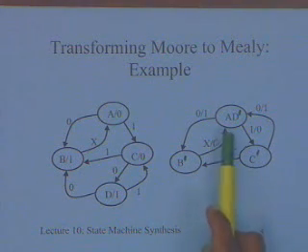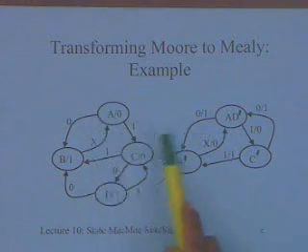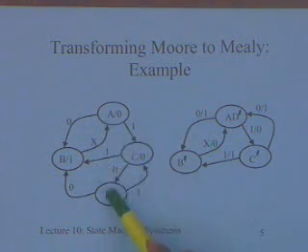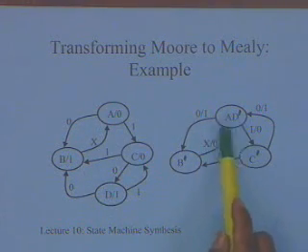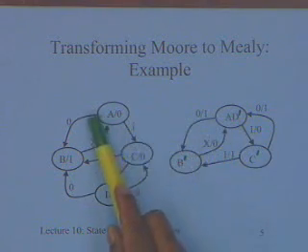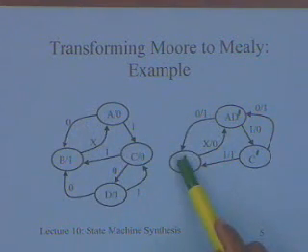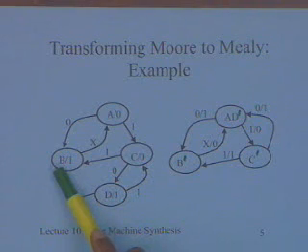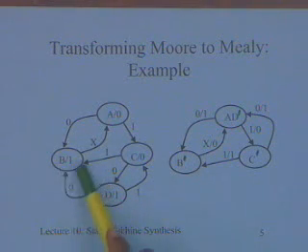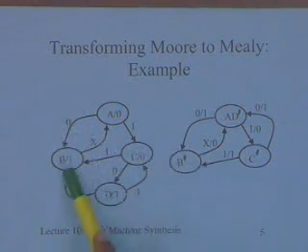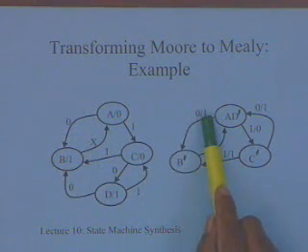Now AD has been merged into one state called AD dash, and what we have here is, if I have a 0 input, I am going to go into the state B dash. What will be the output associated with it? The output that was associated with state B will be moved to this particular edge. The output was 1 and that has been moved to this particular edge.